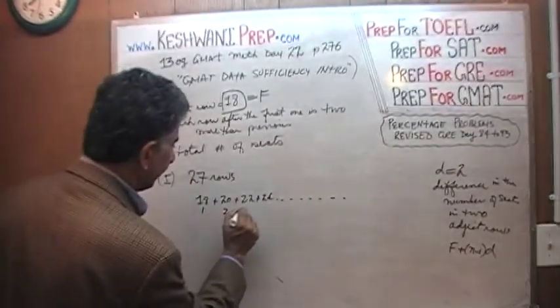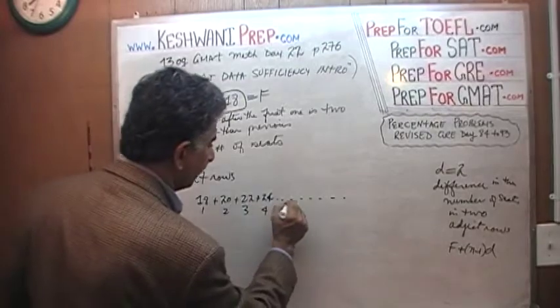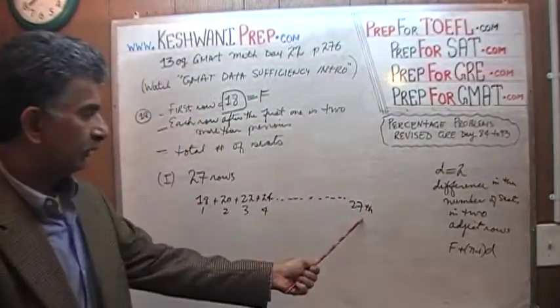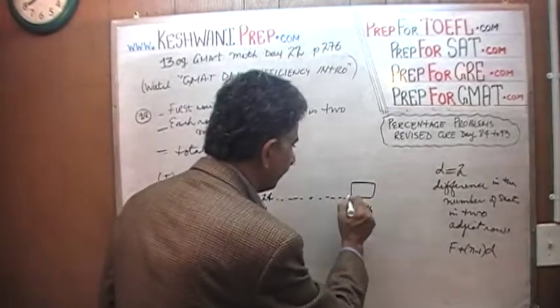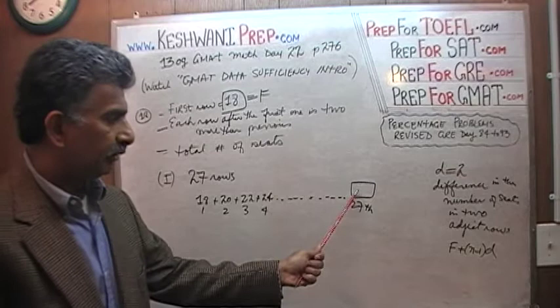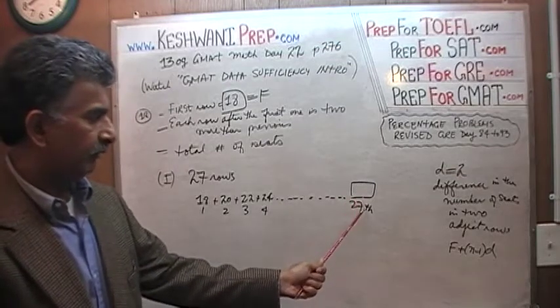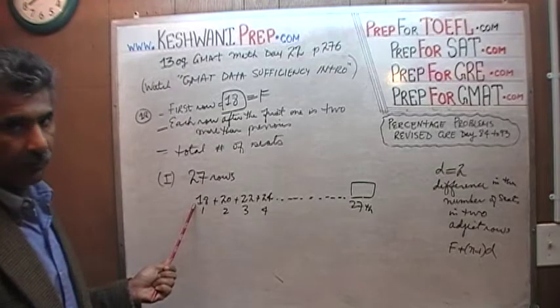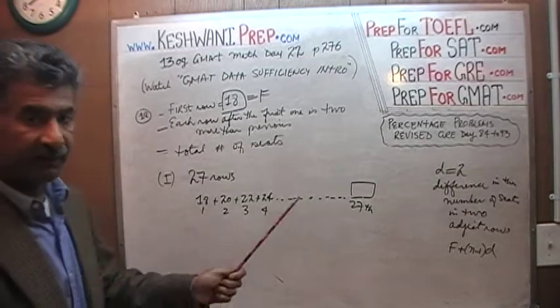This is the first one, second one, third one, fourth one. Keep on going until you reach the 27th row, and find out the number for that one. Each one of them goes up by 2 units. Find out what the final amount is going to be for the 27th row, and add them all up manually. It will take us a long time to do it, but it can be done.